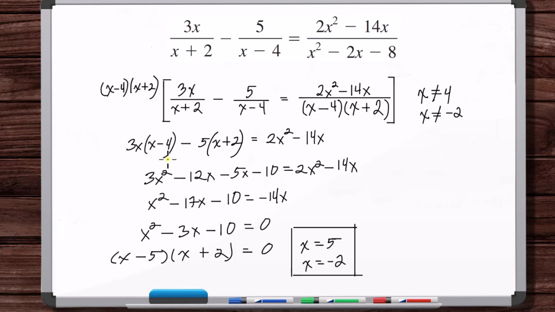You might end up with a big polynomial, a fifth degree polynomial, and you'll get five values. You just have to make sure that any values that would result in dividing by 0 in the original equation aren't included in the solution set. So minus 2 is not a solution. That doesn't check out. So just 5.